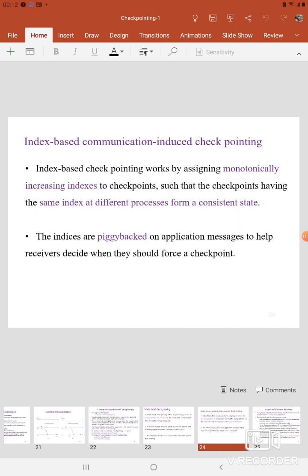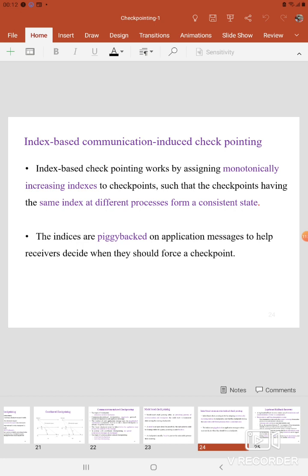The next one is index based communication induced checkpointing. Here we follow the index principles. This index value is monotonically increased. Whenever we take a checkpoint, this index number is automatically incremented.